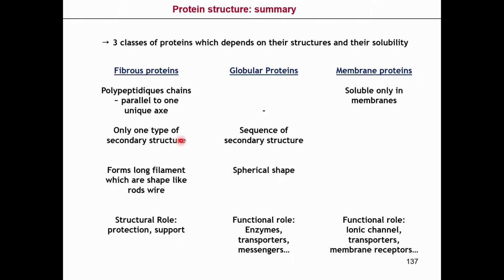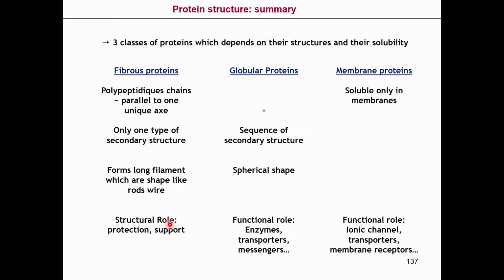For example, keratin is made with alpha helix, and silk is composed of beta sheet. They form long filaments which are shaped like rods, for keratin, for example, and they have structural roles, protection and support.